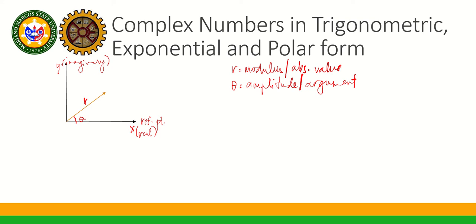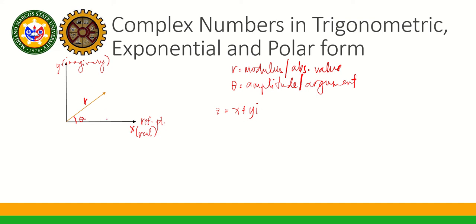Okay. So, how do we convert a complex number in rectangular form to its trigonometric form? Okay. So, for example, we are given z equal to x plus yi. Okay. So, this is our real part and this is the imaginary.